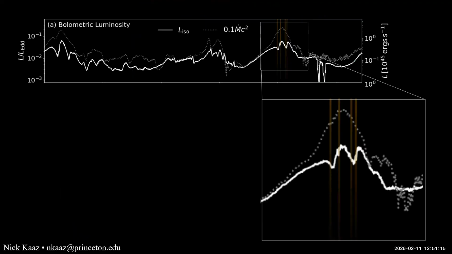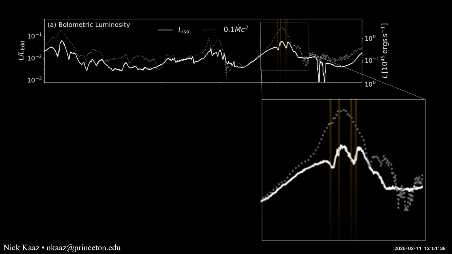So what I want to do is go back to this volumetric luminosity and focus on one peak here. Superimposed upon the peak down here, you can see a few epicycles. This dotted line in the back is the mass accretion rate. So the luminosity largely traces the mass accretion rate, but the mass accretion rate doesn't show these same epicycles.